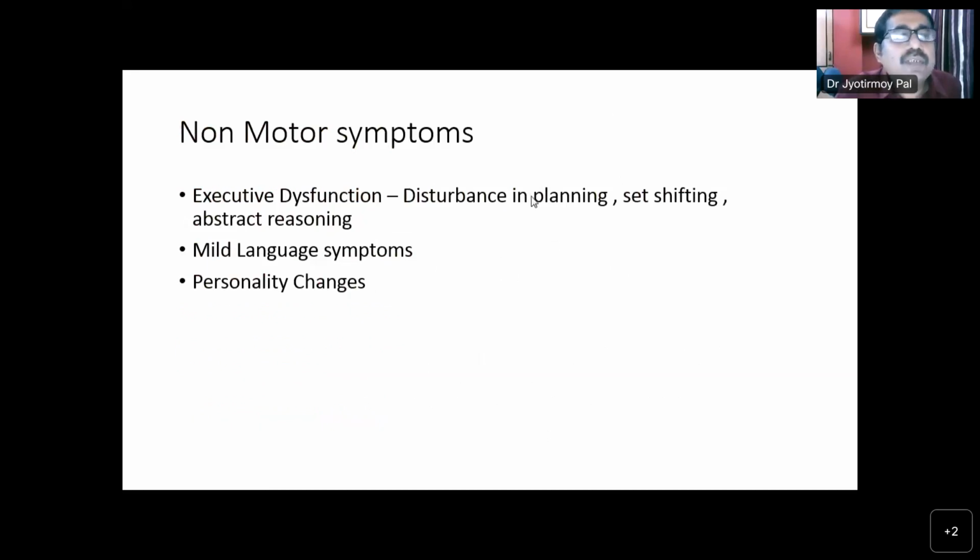Non-motor function, which I mentioned: personality disorder, mild language disorder, some disturbance in planning and set shifting. These non-motor symptoms can also be found in case of cerebellar lesion, because some of the fibers through the cerebellar peduncle go to the red nucleus, then thalamus, then to the motor cortex.